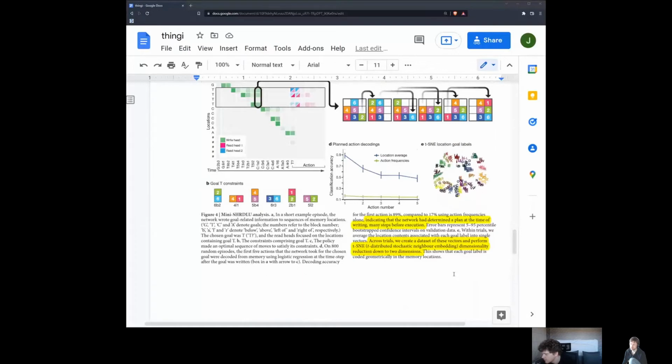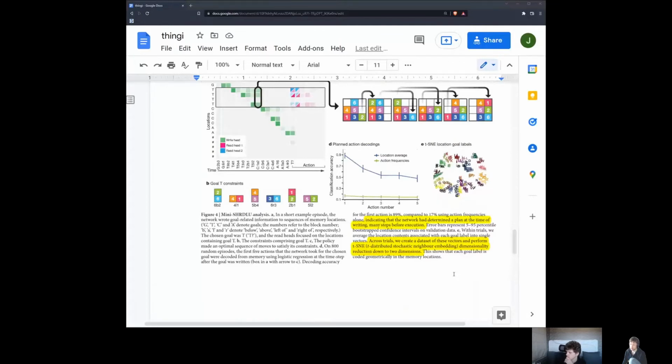Okay, anyway, within trials, we average the location contents associated with each goal label. So across all the trials, it always put similar goals in the same place, I guess. But then that's also weird. Within trials we average the location contents associated with each goal into single vectors.